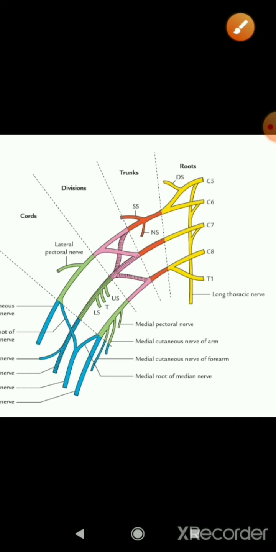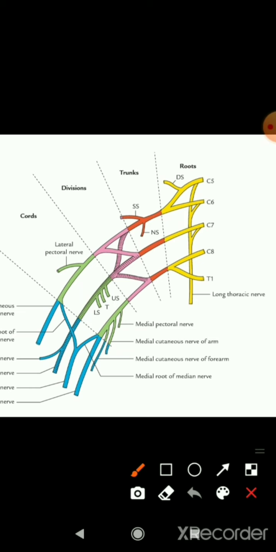What are the branches coming from each cord? At first, we start from the root. We can see in the root there are two branches. One is the dorsal scapular nerve, and the second one is the long thoracic nerve.